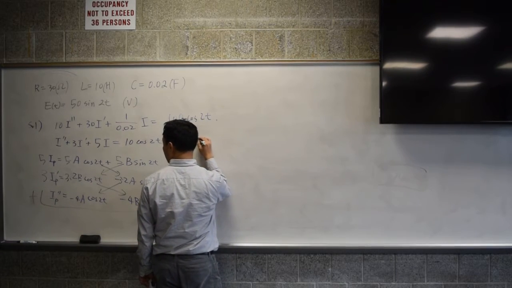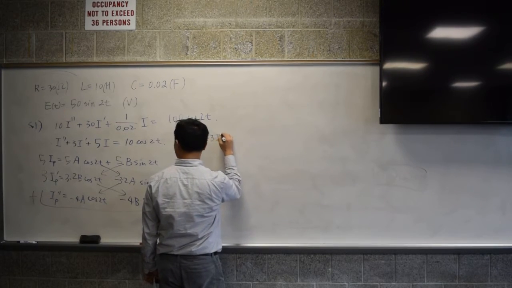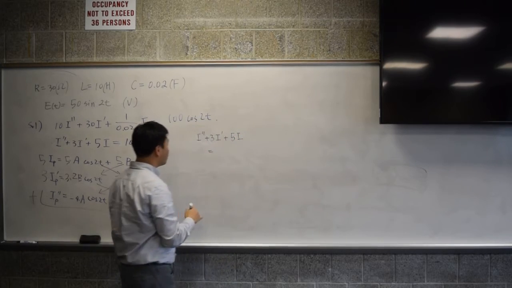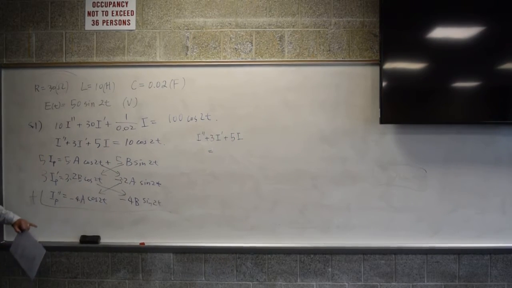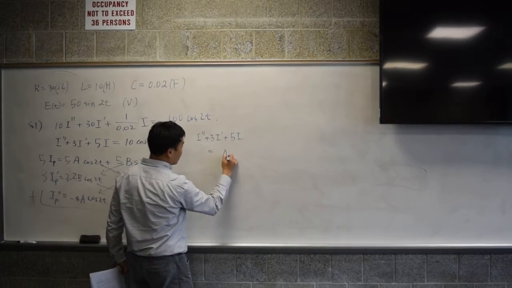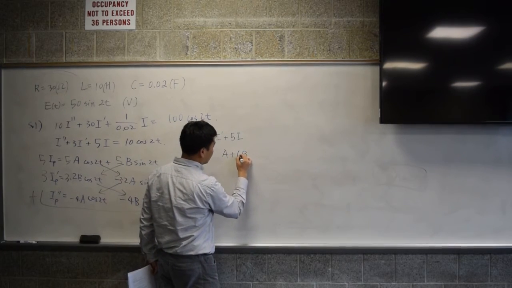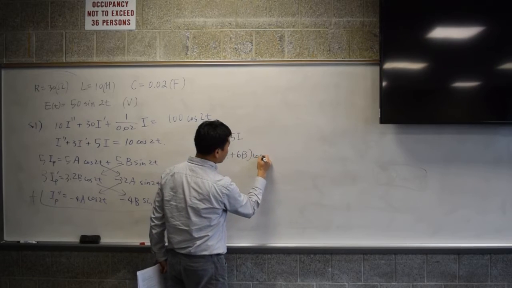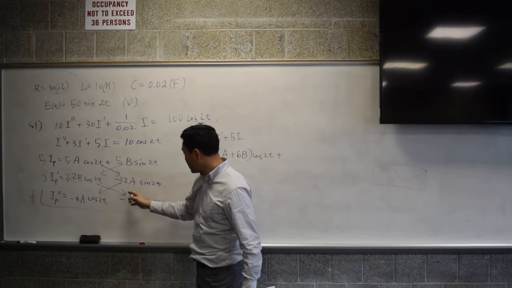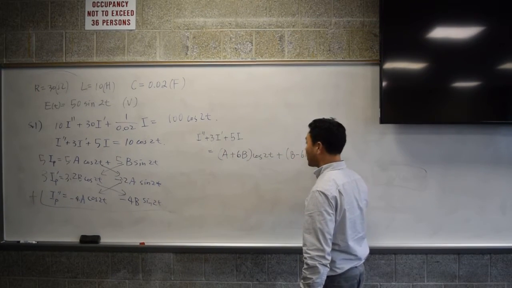Then I have I double prime plus 3I prime plus 5I equal to, for the cosine, I have 5a minus 4a, which is a, plus 6b, cosine 2t, plus 5b minus 4b, that's b minus 6a, sine 2t.